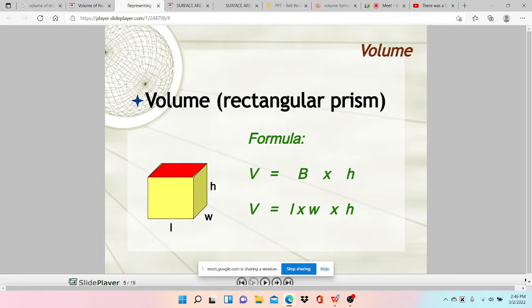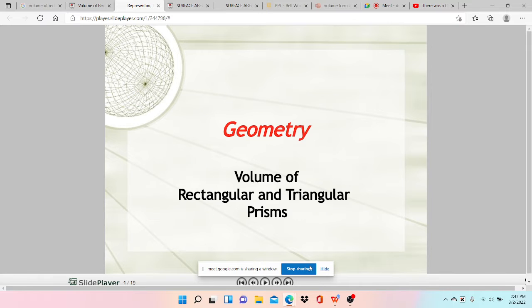Okay, let us read. Volume of rectangular and triangular prism. But today we're just going to focus on rectangular. We're not going to move to triangular because our focus in our lesson is about rectangular prism.